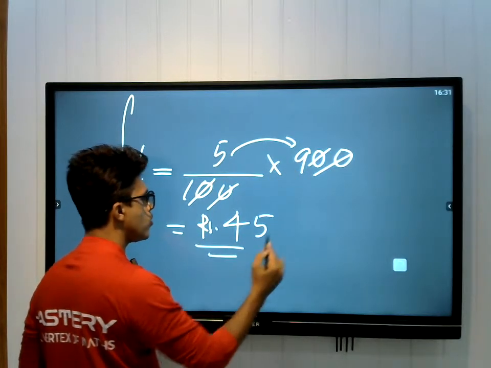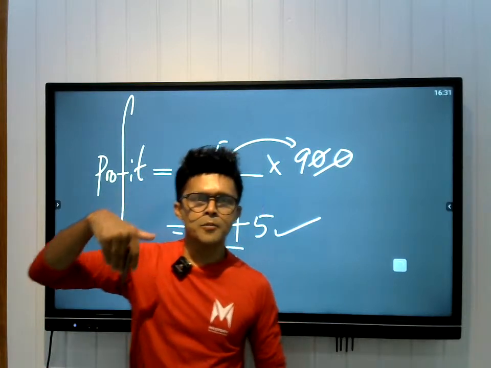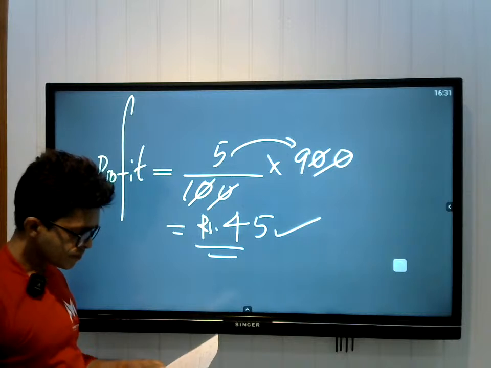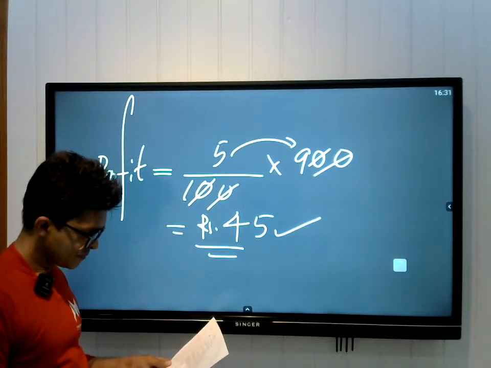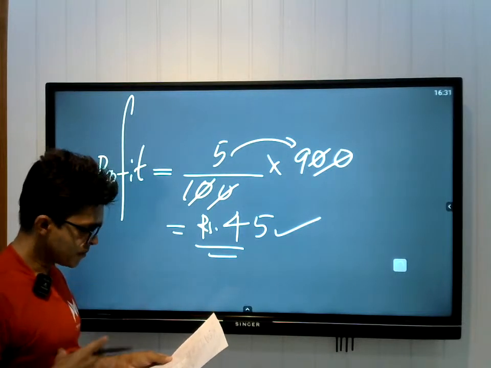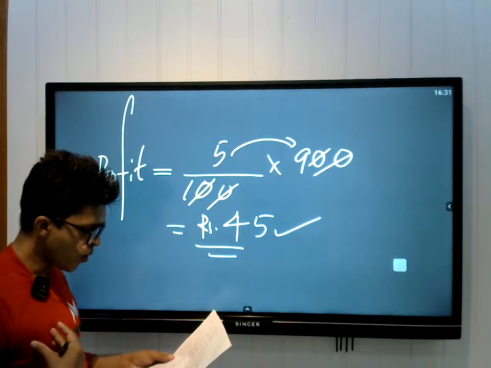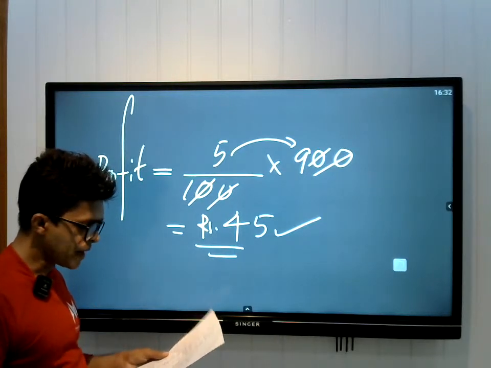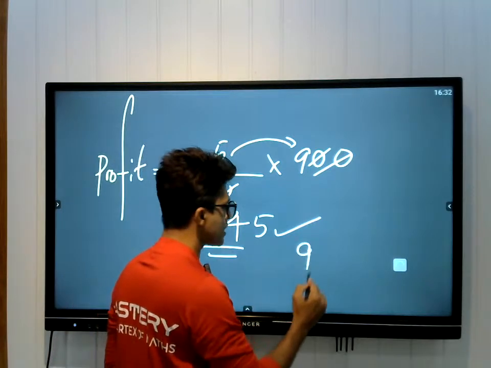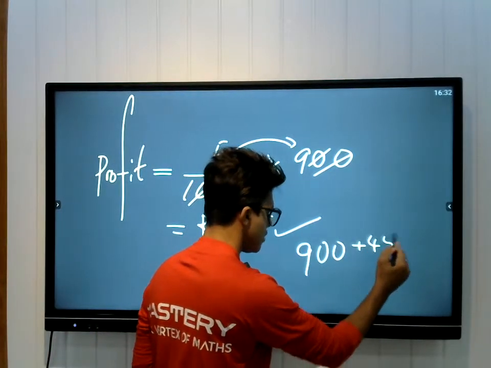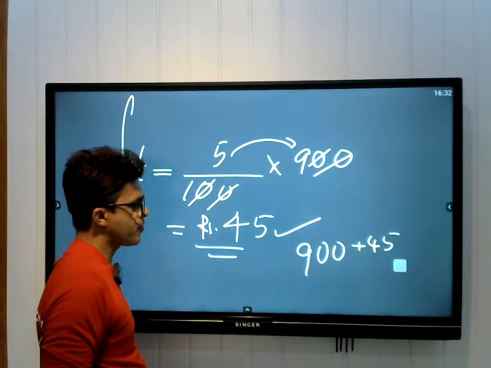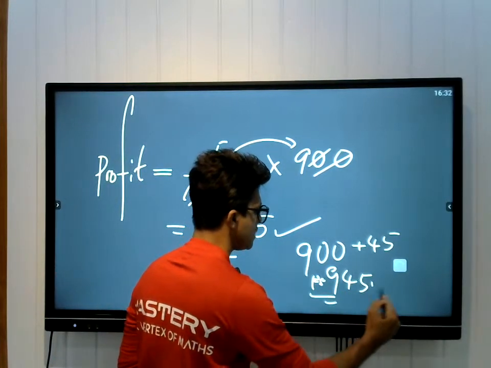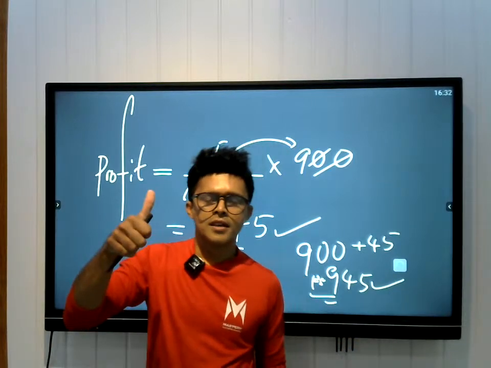This is the profit that he expects. This is the first method. So this is the expected profit. Then the selling price of that article should be 900 plus 45, which means 945 is the answer. Okay, I saw your answers. Well done.